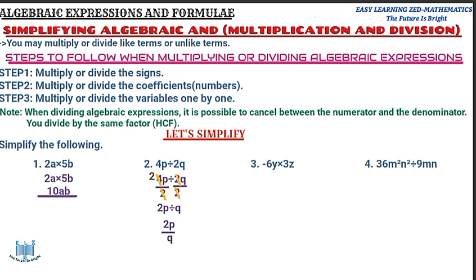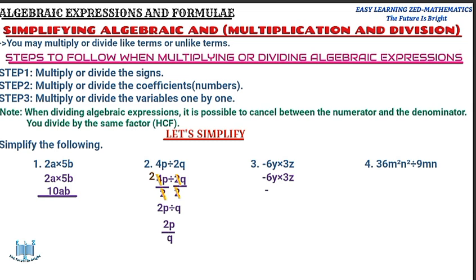Okay, all right, now we can go to question 3. Question 3, we have negative 6y multiplied by 3z. Then we write it down there. What we're going to do is multiply the signs first. Negative multiplied by positive. Remember 3 is a positive and negative 6 is a negative. So negative multiplied by a positive will give us a negative.